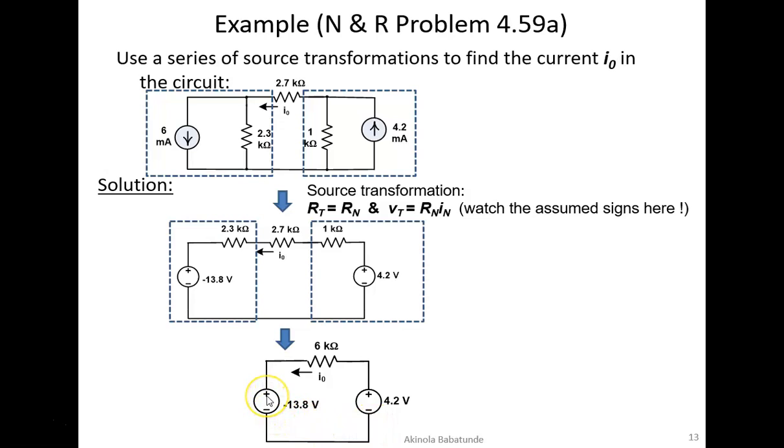But in the case where we have the positive terminal of one voltage source connected to the positive terminal of the other voltage source, or a negative terminal connected to the negative terminal of the other, it is called series opposing voltage sources, and the currents are not allowed to flow in the same direction. So in this case of series opposing voltage sources, we subtract the smaller voltage from the larger voltage. And then the final answer, of course, will take the polarity or the sign of the larger voltage.